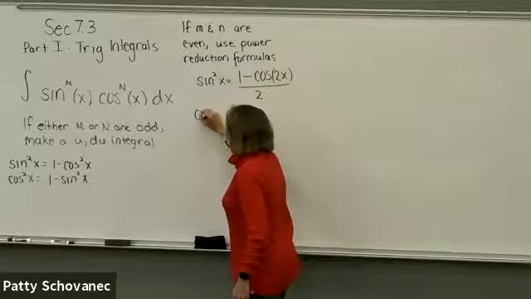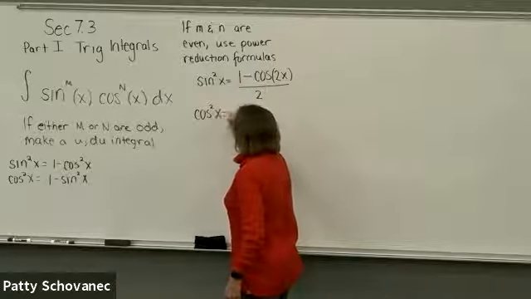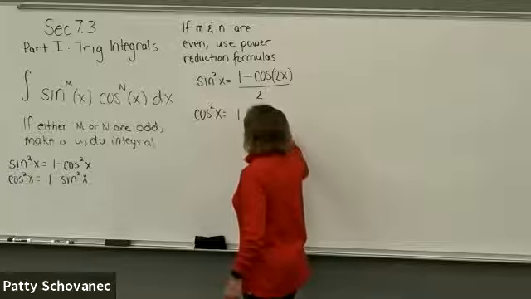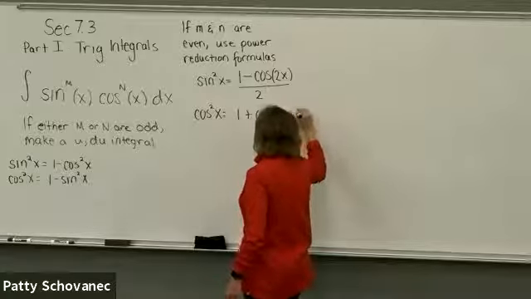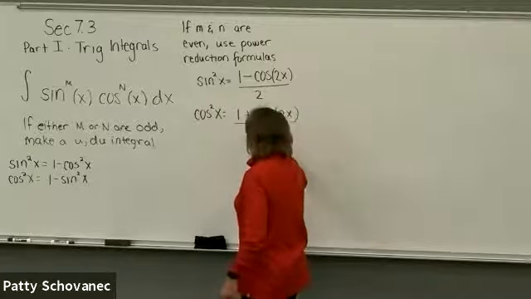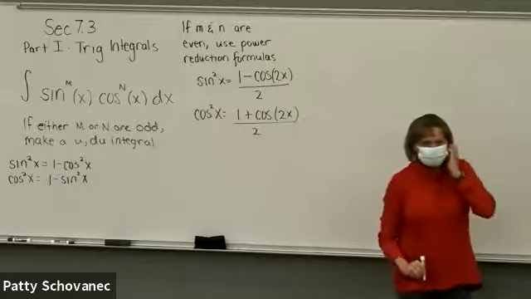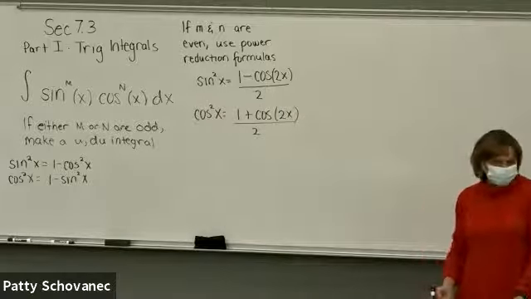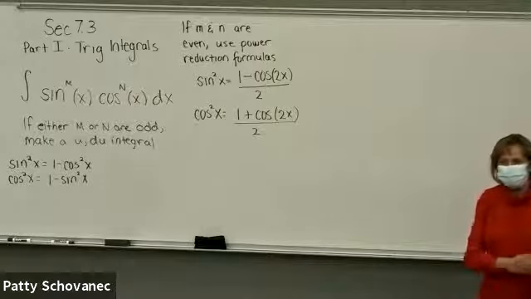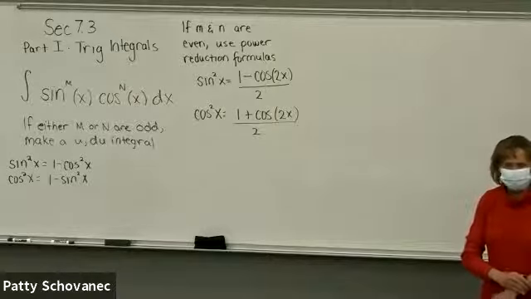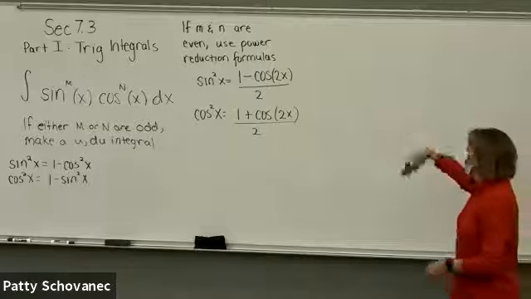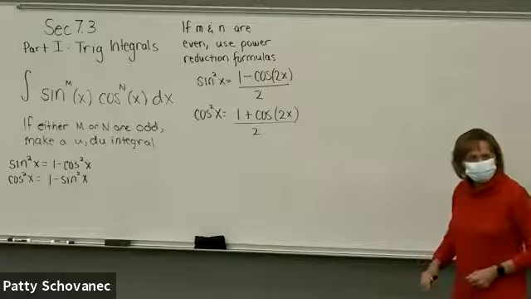Cosine squared of x is 1 plus the cosine of 2x all over 2. Once you use the power reduction formulas, then hopefully you do a little algebra and get integrals that you know how to do. Or you keep using this over and over until you do.